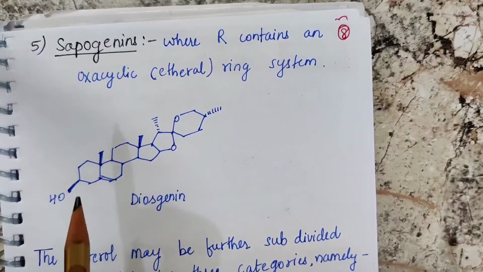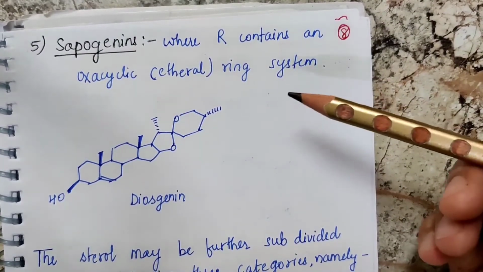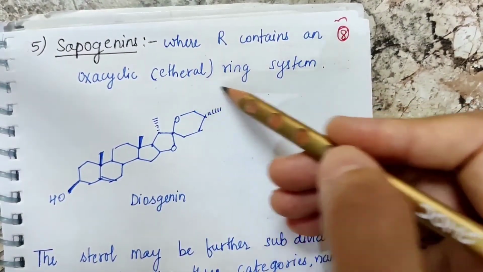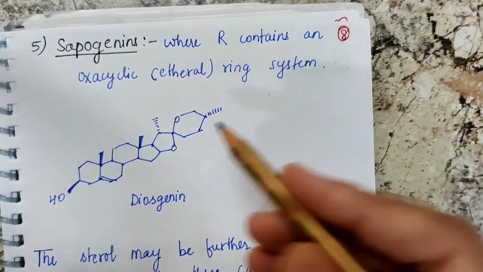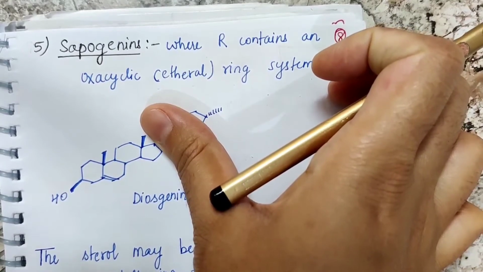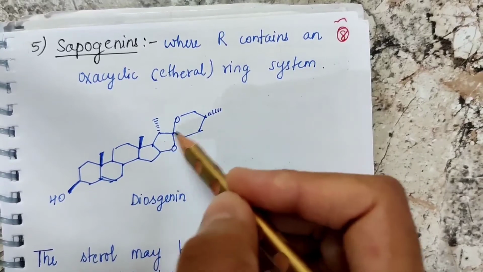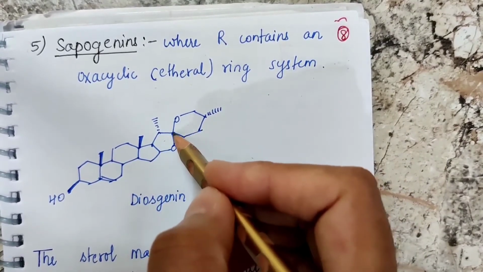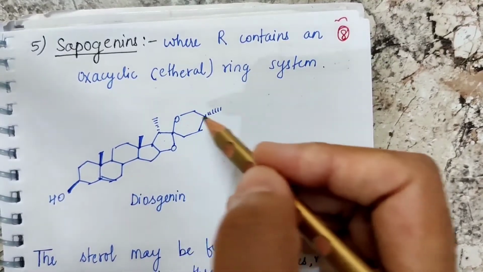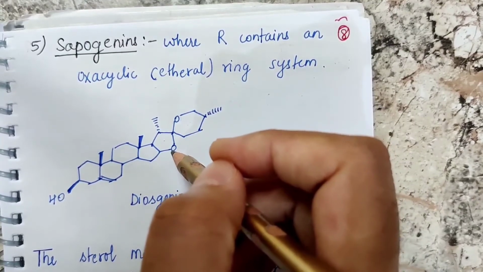Now we come to the last category, that is sapogenins. In this case, the R contains an oxacyclic ethereal ring system. So this much is the parent structure, the parent rings. All 4 are part of the parent ring, but again we have 2 more ring systems, and both of them are cyclic with an oxygen. That means both the rings are heterocyclic rings, specifically with oxygen.